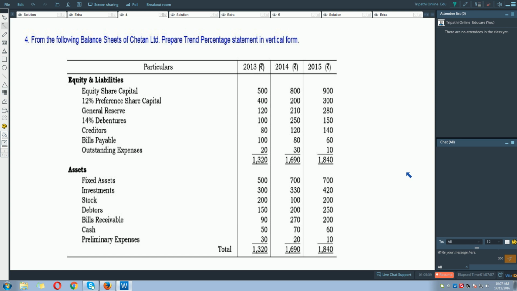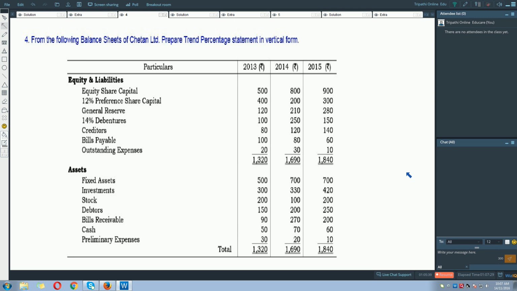Equity and liabilities: equity share capital 500, 800, 900. 12% preference share capital 400, 200, 300. General reserve 120, 210, 280. 14% debenture 100, 250, 150. Creditors 80, 120, 140. Bills payable 100, 80, 60. Outstanding expenses 20, 30, 10. Total is 1320, 1690, 1840.